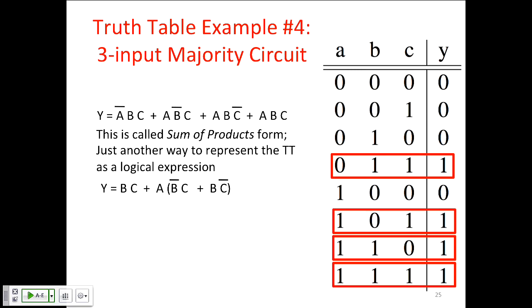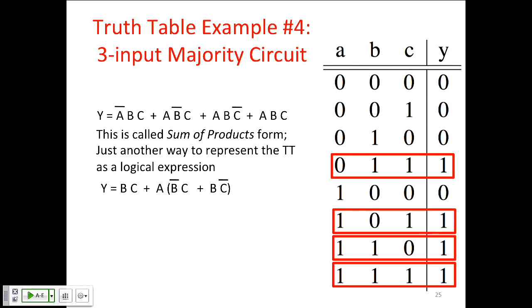And if I look here, this term and this term, this is A and B, C. This is not A and B, C. So it doesn't matter whether A is true or false. The output's going to be a 1 if B and C are true. Right, people see that? So not A and B, C, or A and B, C. Well, it doesn't matter. If A is a 0, as long as B and C are true, we'll get a 1. Or if A is a 1, as long as B and C are true, it's a 1.